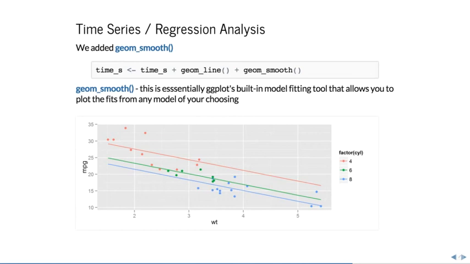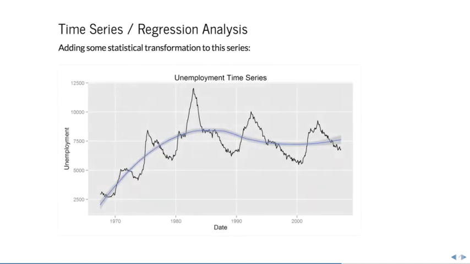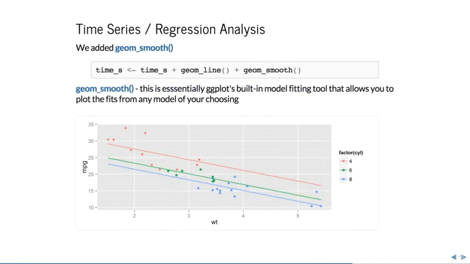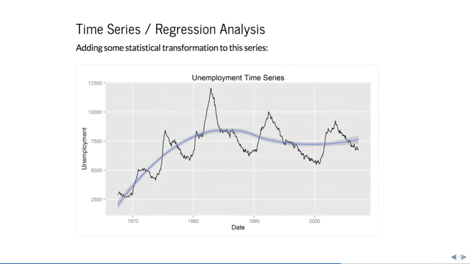So you can use this to directly plot linear regressions on your plot. This is not a linear regression, obviously, but by simply adding geom smooth at the end, it creates that line for you to see the trend in the data that you're looking at. So it's much simpler to specify rather than performing your own model selection using the base R graphics.